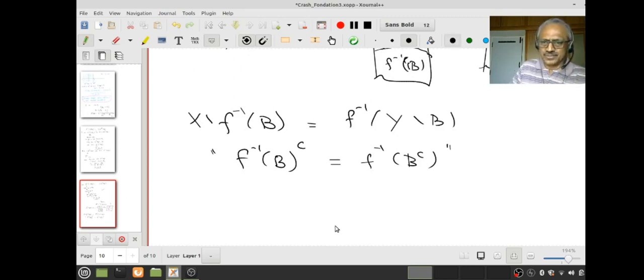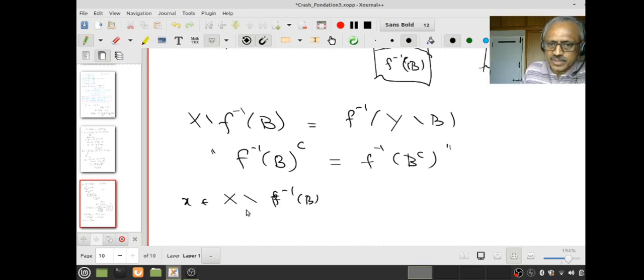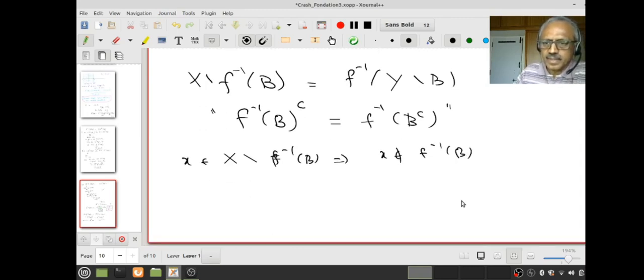Proof is again as usual trivial. Let us go through that. Suppose x is in X minus f inverse of B. I want to prove x belongs to this side. If x belongs to this, what does it mean? x belongs to X, but x is not in f inverse of B. If x is not in f inverse of B, we know this has happened if and only if f(x) is not in B. You follow that?